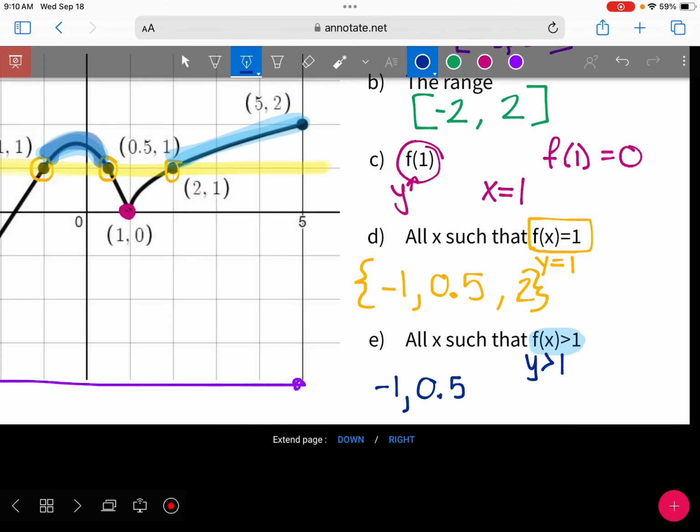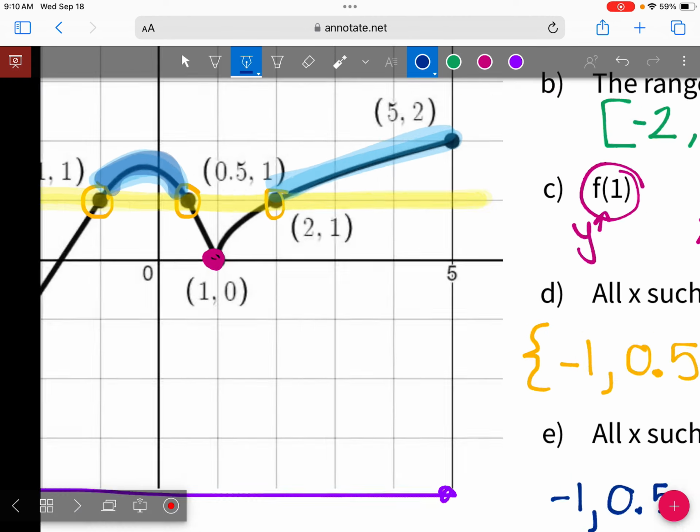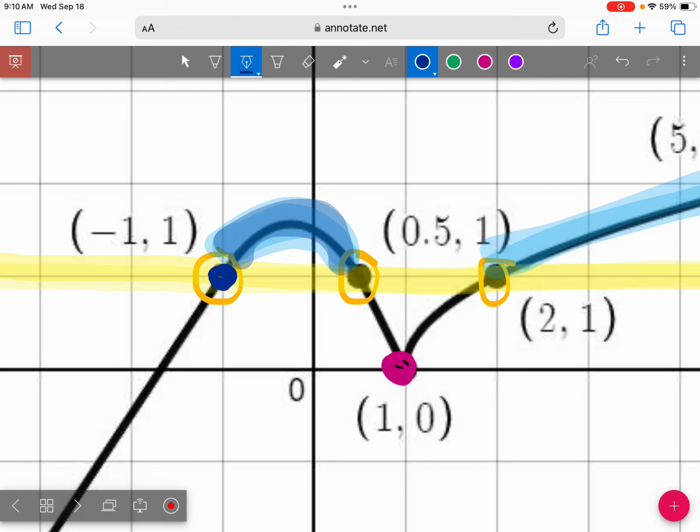If I set my interval with a closed bracket and we say exactly equal to, will that be greater than 1? Or is that when it exactly equals 1? Does this point right here exactly equal 1, or is it greater than? Exactly equals.